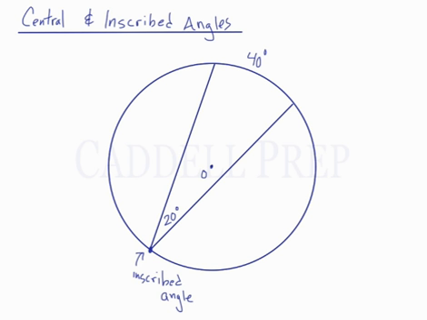So if we could look at how central angles and inscribed are related, let's draw our central angle again. The measure of this angle was 40 degrees, which is the same as the measure of the arc it intercepts.